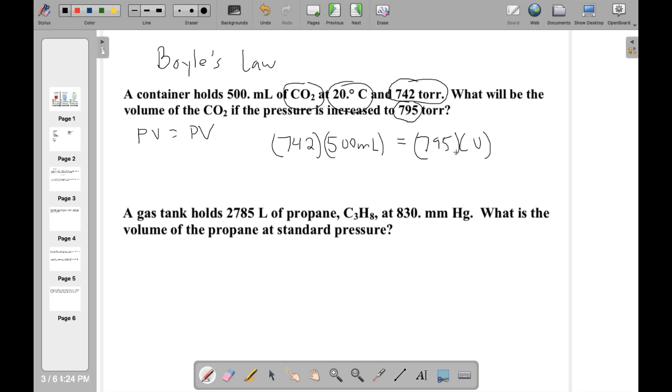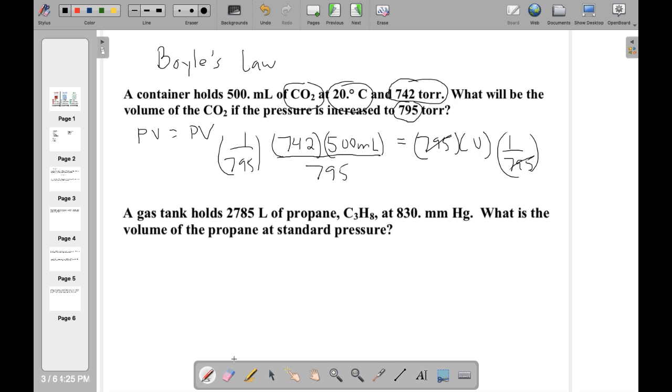Now, I know this seems very simple, but we have to get the V on one side of this equation to isolate it to solve. I understand this is basic algebra, but we should never assume that people know how to rearrange these equations. So how do I get the V on one side? Well, if I multiply both sides by 1 over 795, this will cancel out, and essentially, I will get this over 795.